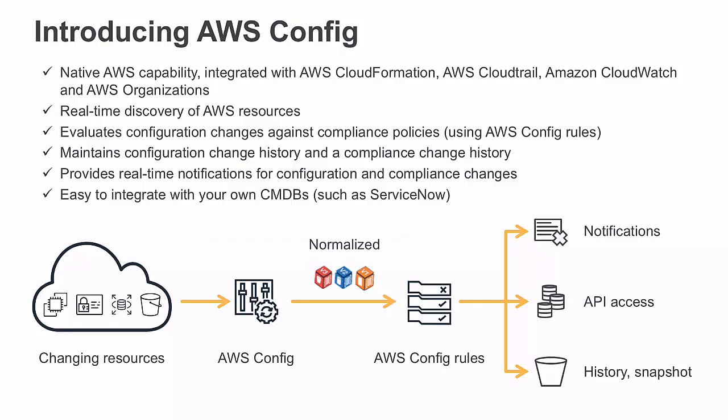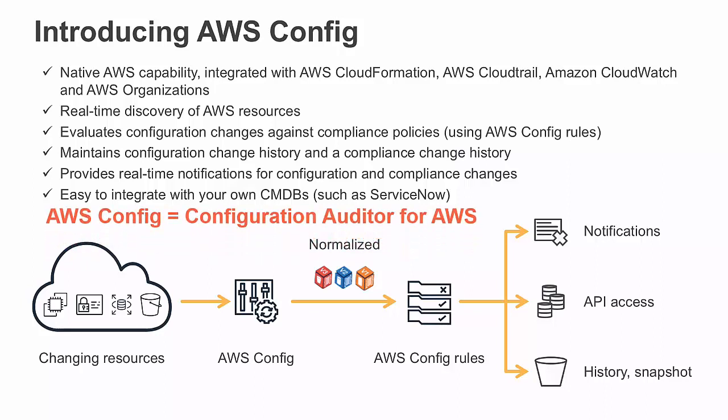And lastly, it is also easy to integrate it with your own CMDBs such as ServiceNow so that you can still make use of your existing investments. So in summary, you should consider AWS Config as your CMDB for AWS resources, or more importantly, a configuration auditor for AWS.